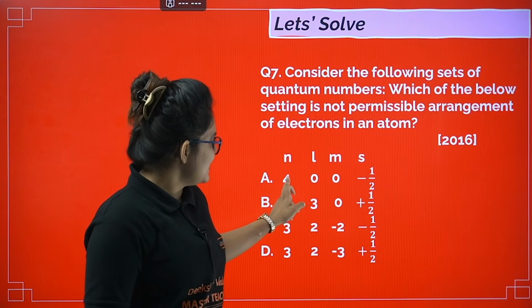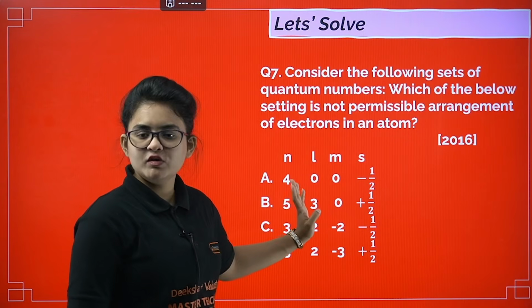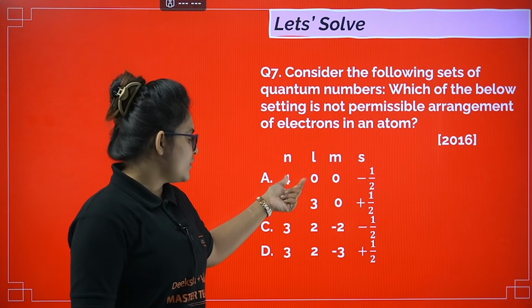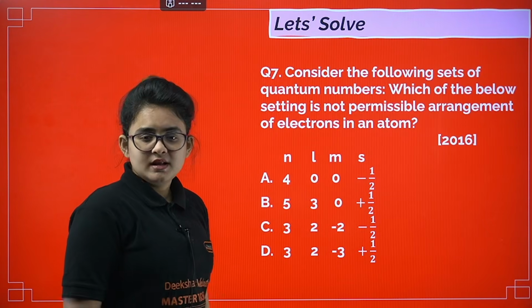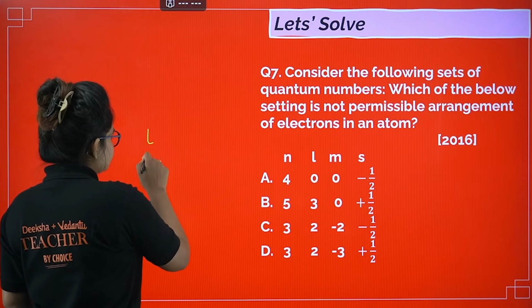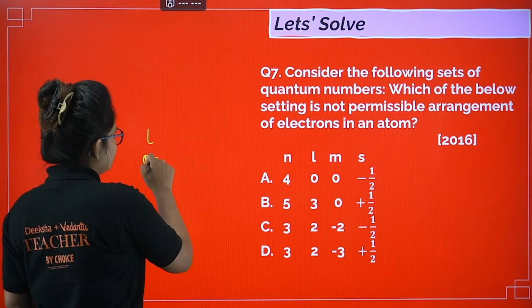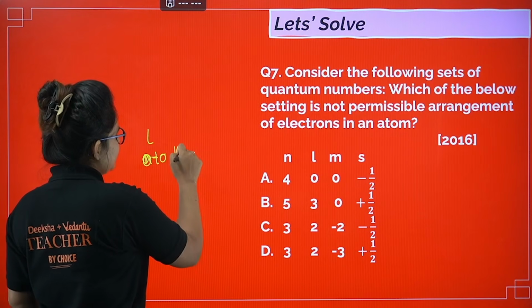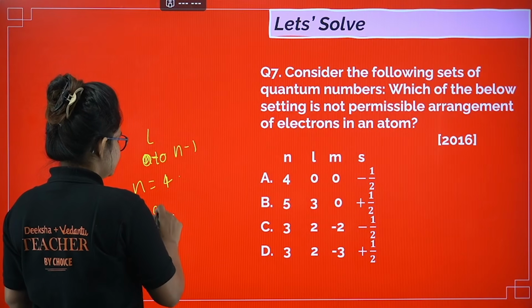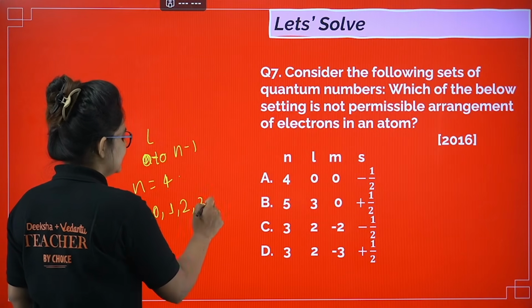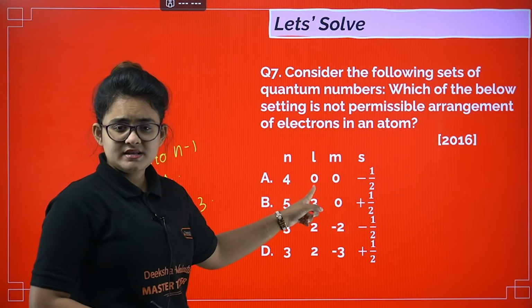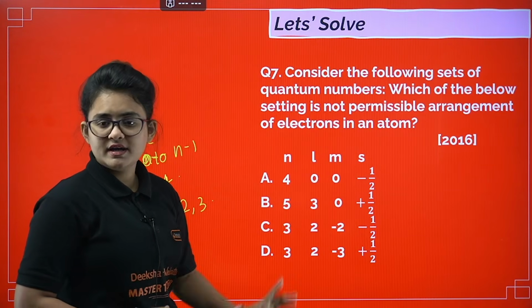We have to check N, and with respect to N, the L and M values. For N equal to 4, L should be 0, 1, 2, 3, so 0 is possible and L is correct.